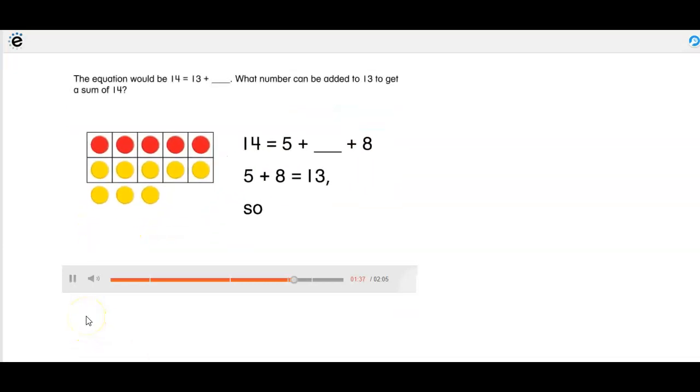The equation would be 14 is equal to 13 plus blank. What number can be added to 13 to get a sum of 14? So 13 plus what number would give us 14?